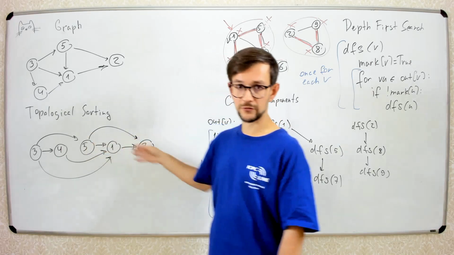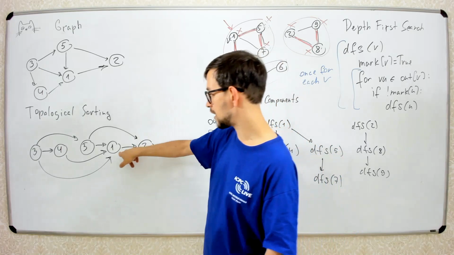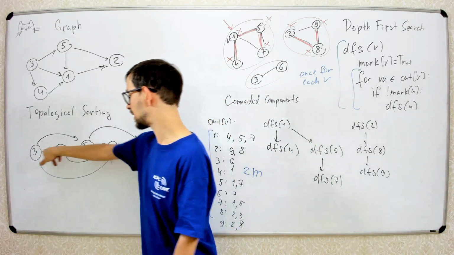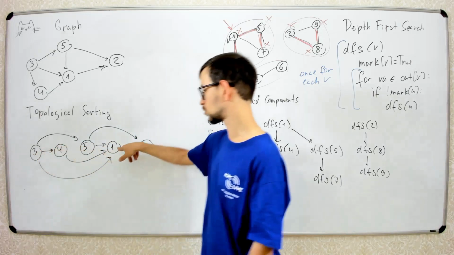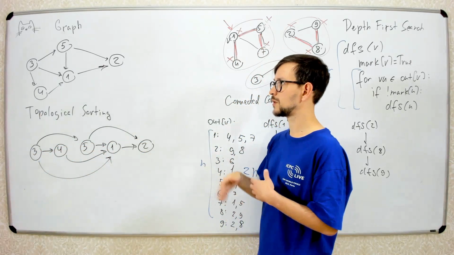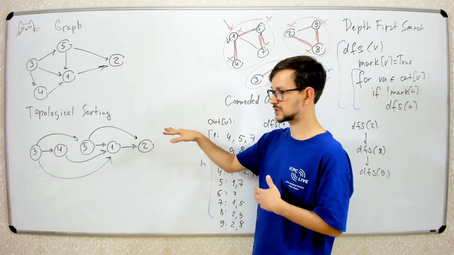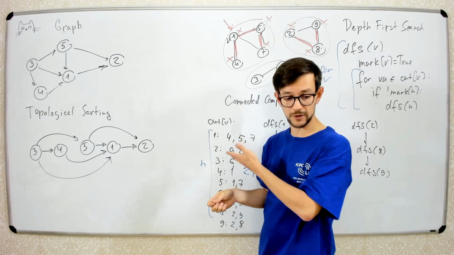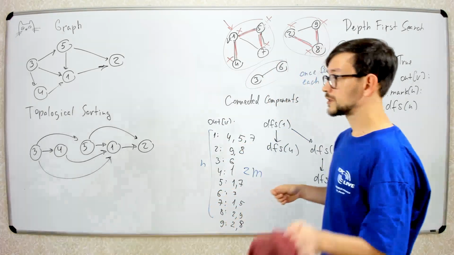Since all edges go from left to right, when you calculate some value here, these three values are already calculated. So you use these three values to calculate the value here, and so on. All the dynamic programming algorithms may be done on this acyclic graph if you first make the topological ordering of its nodes. So that's why it's important.